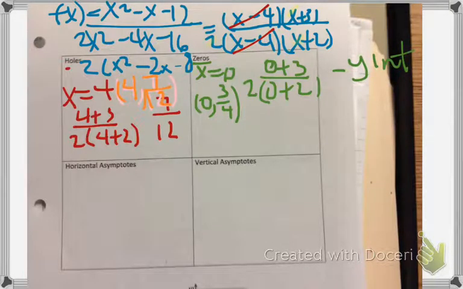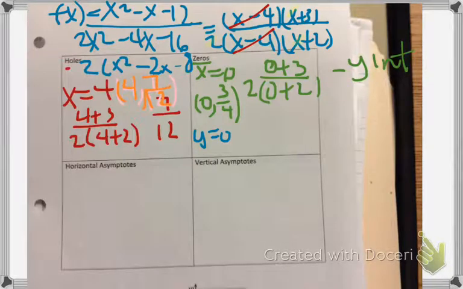Now we're going to find our x-intercept. Your x-intercept will occur when your y equals 0, right? So if we come back to our original function up here, if 0 is in the numerator, and I have a number in the denominator, that will make this entire function go to 0.